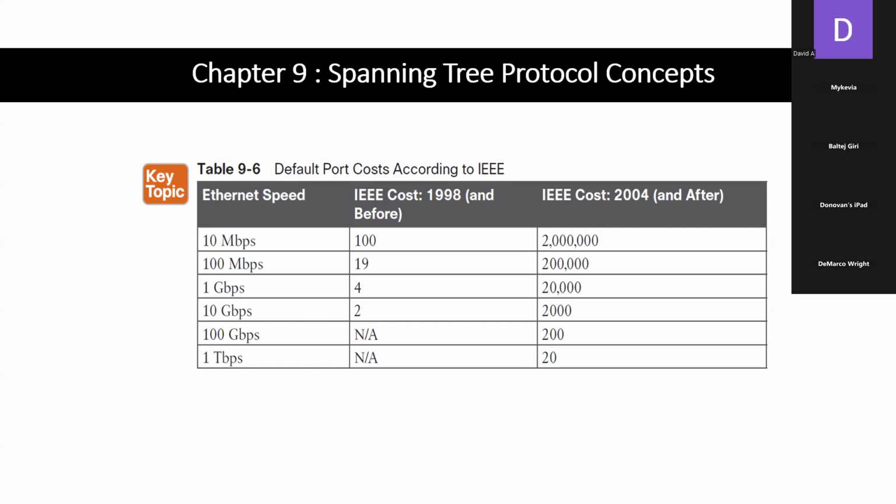Why do we need that? Now we have data center speeds that equal up to those higher speeds. If we were using port costs according to spanning tree 1998 and before, anything above 10 gigs would all be looked at as the same.